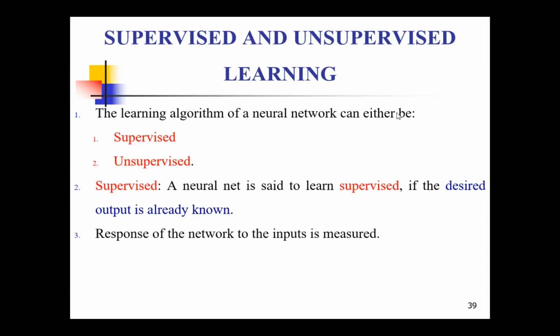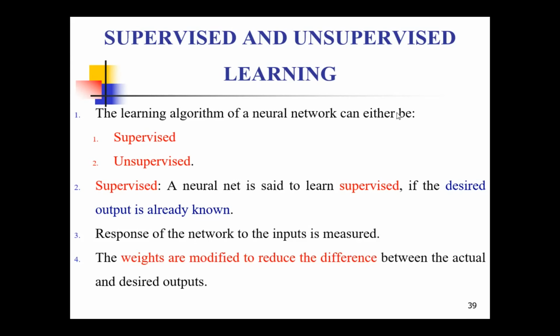The response of the network to the inputs is measured. What is the predicted output that we measure from the neural network? The weights can then be adjusted in order to reduce the difference between the actual and the desired output. The actual output may be an experimental output. For example, experimentally I have some outputs and I give them as the supervised output.